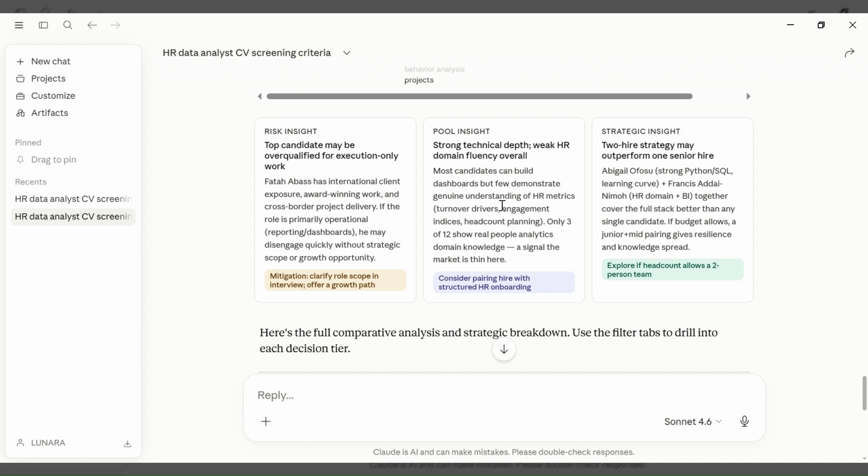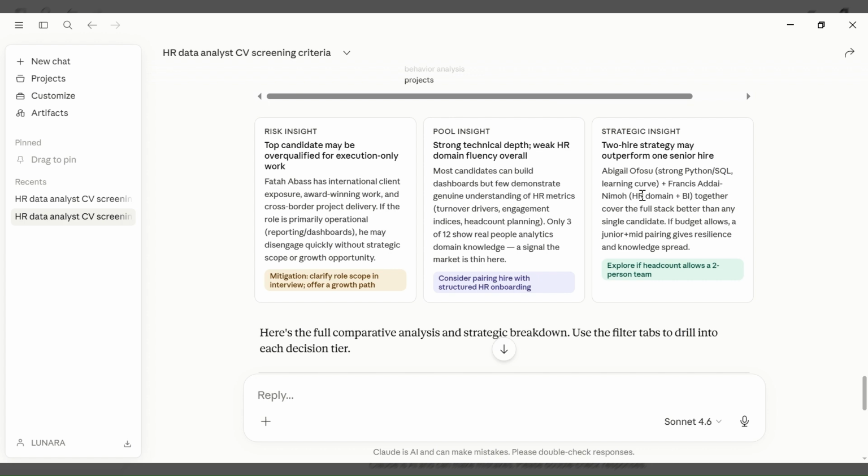If I'm the one conducting this hiring process, it went further to also let you know what you could put in place if you should go ahead to hire such people.